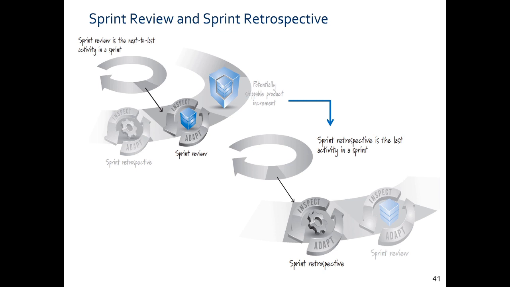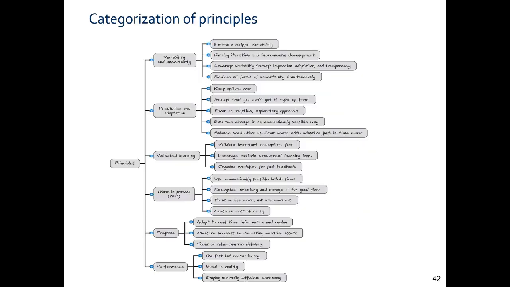And then you have the sprint review. The review is for the iteration, for the sprint, and the next level is the sprint retrospective. It is a formal review of the work done, and this is the set of principles for you.